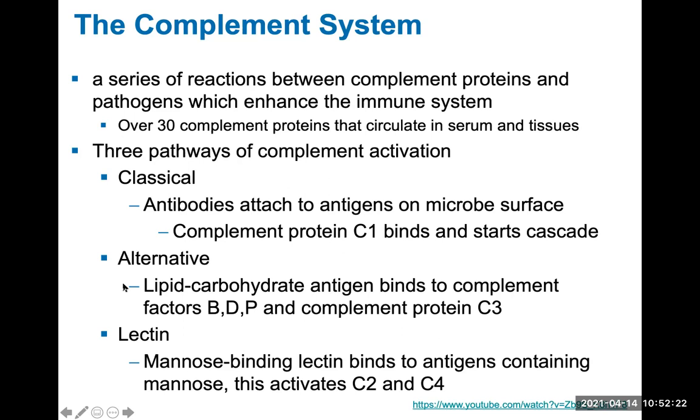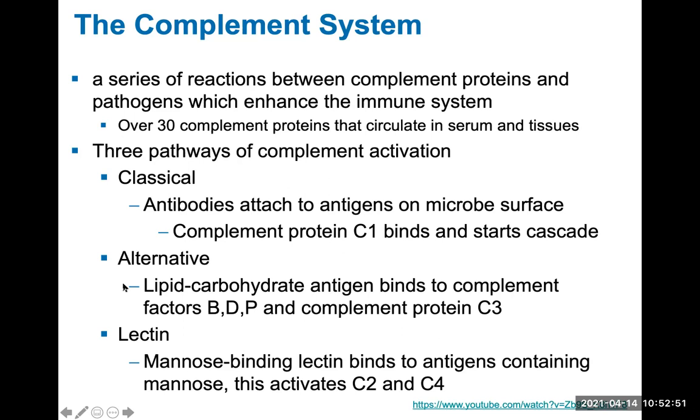For the alternative pathway, instead of it being an antibody triggering the C1 to split, you now have different factors that we call B, D, and P, which are always present in the blood. They bind to the antigen, and they cause a different complement protein called C3 to cleave and start that cascade that leads to the outcomes of complement.